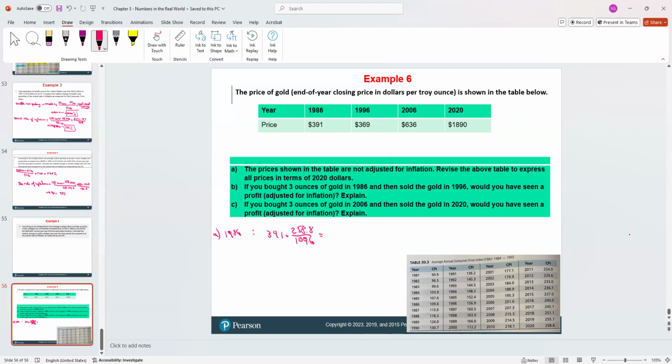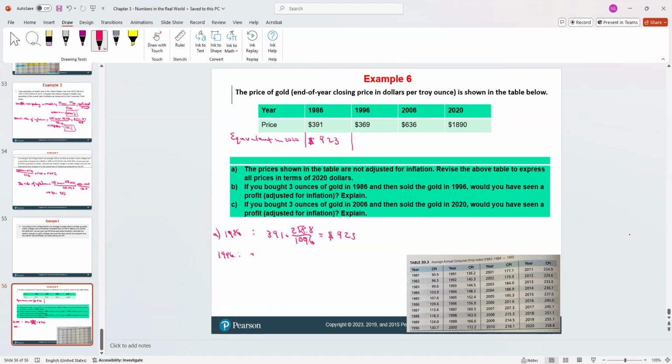So when you do the computations, it is 923. So I can put a different price in 2020. I can just put this one here. That would be 923.